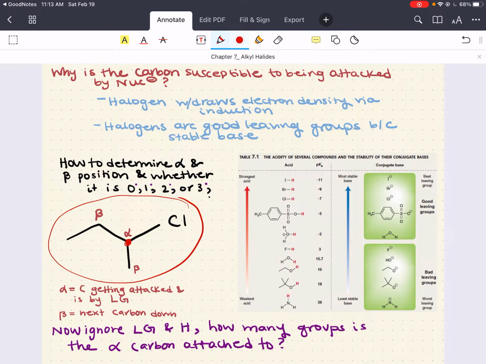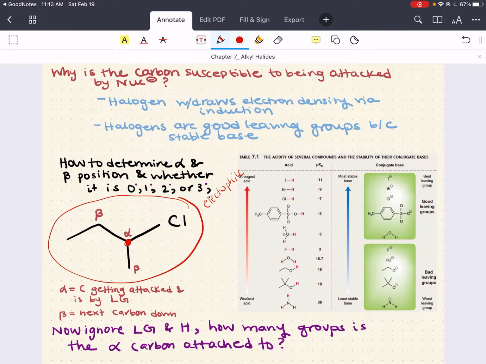Remember, we just said that our alkyl halide will usually act as an electrophile in this chapter. That means it's getting attacked, and it's getting attacked usually, in regards to, say, an SN2 reaction, at the carbon that is attached to the halogen. Why is that carbon next to the halogen susceptible to being attacked by a nucleophile?